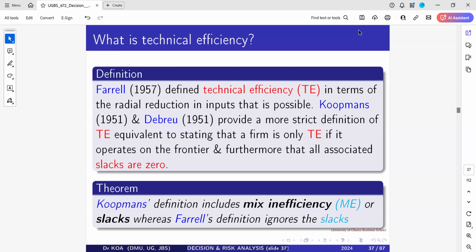You were said to be efficient, all right, but that person is producing the same output and still using a lesser input. Now that lesser input could be both of the inputs you are using or one of the inputs you are using. And we don't want too many inputs in this case. And that leads to mix inefficiency. So you are mix inefficient because you are not able to beautifully combine the inputs in the right way to be able to produce the output.